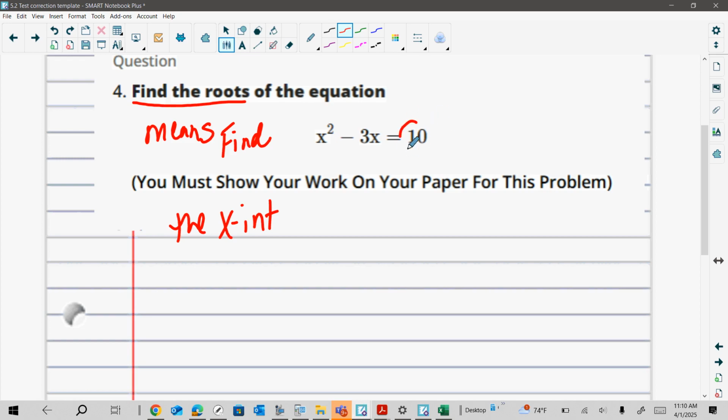So you were supposed to take this 10 and move it to the other side, which means you would have x squared minus 3x minus 10 equals 0.